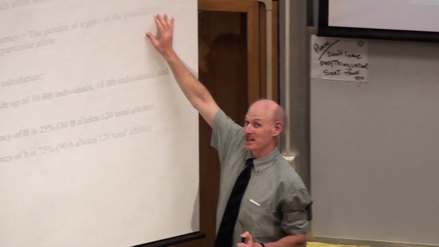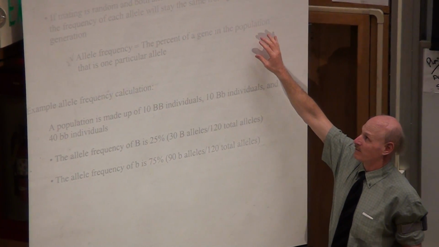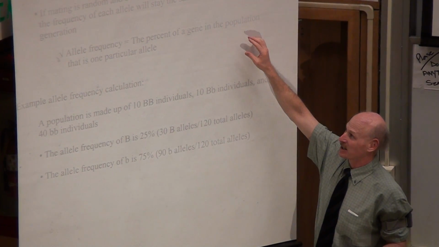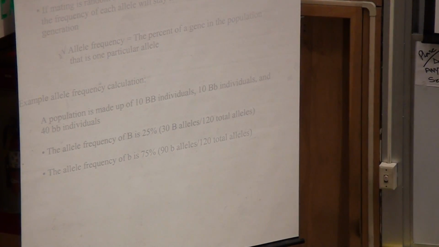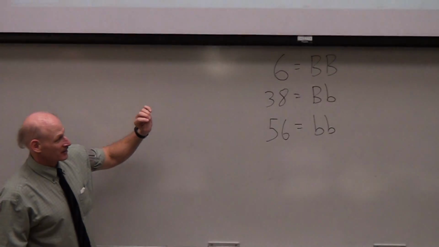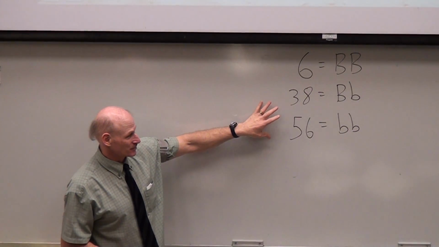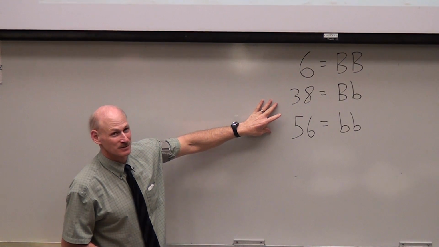The allele frequency, remember, is defined as what portion of the genes for eye color are one particular allele. So there's 100 individuals, think about this. How many alleles does the population contain? If there's 100 individuals, how many alleles are in the population?